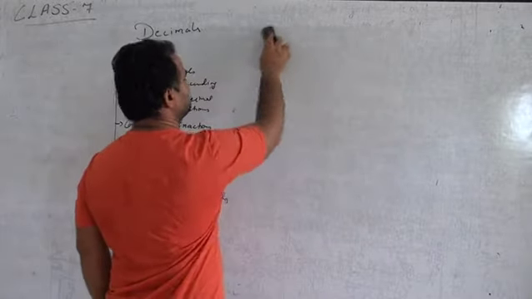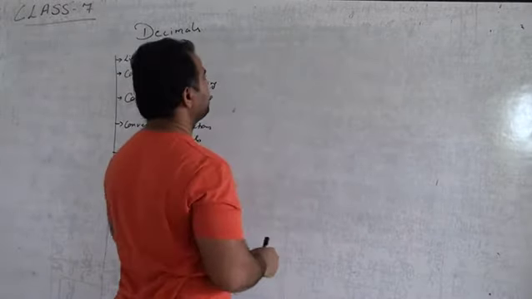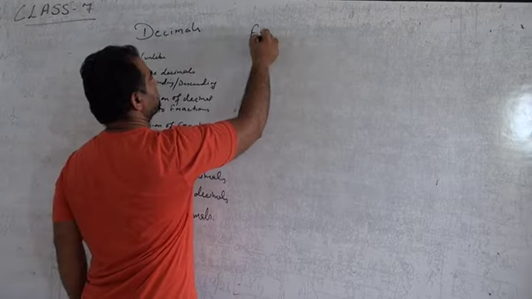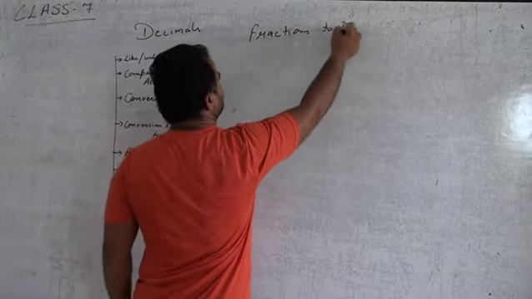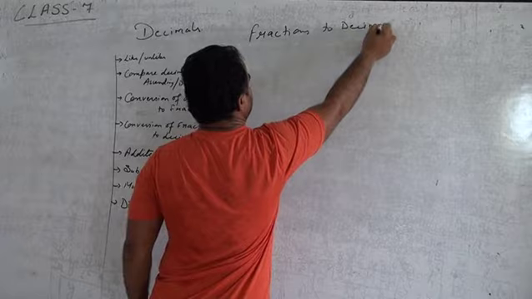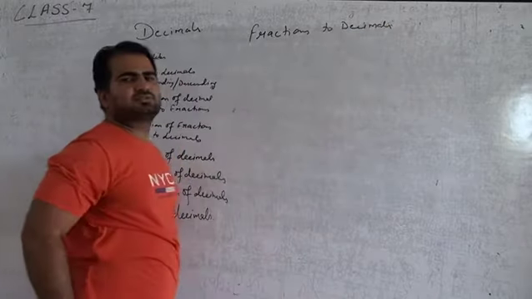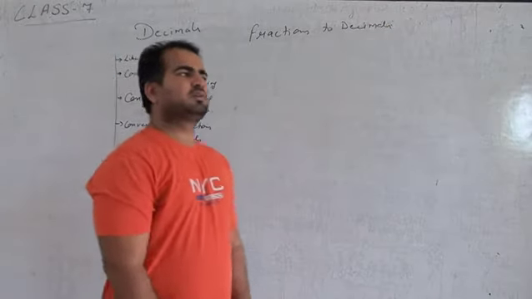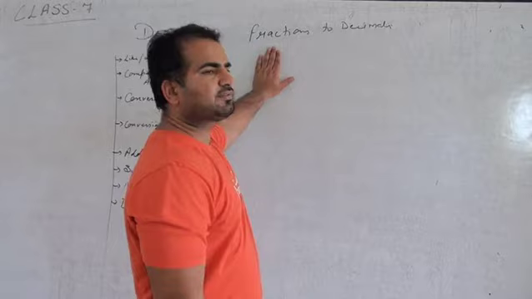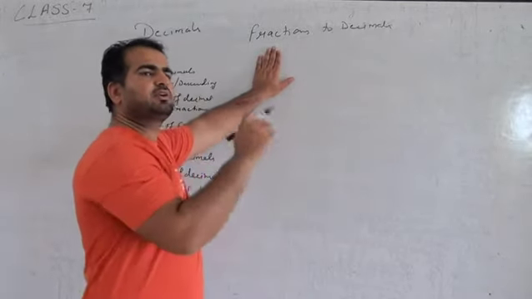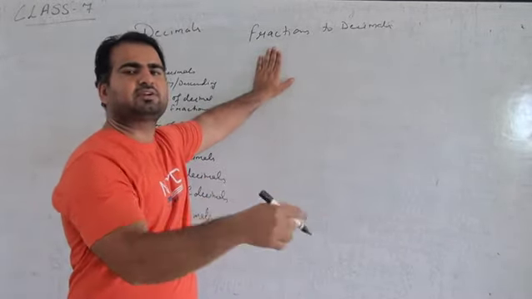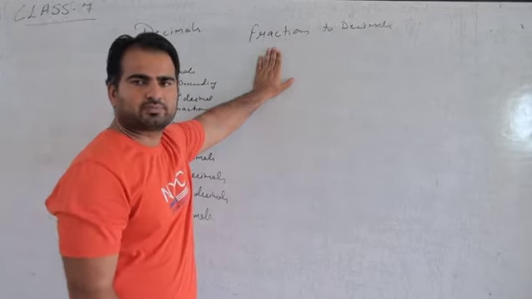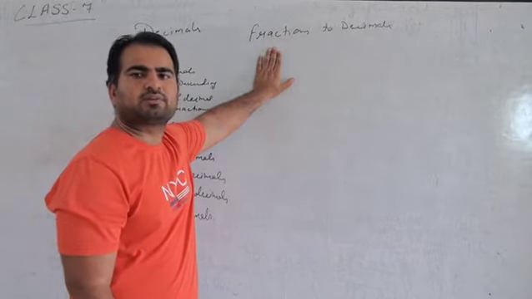Okay? So the next topic is fractions to decimals. Listen class, if this kind of question is given, they will already give you a denominator that can be converted into 10, 100 or 1000. What kind of number do they give?